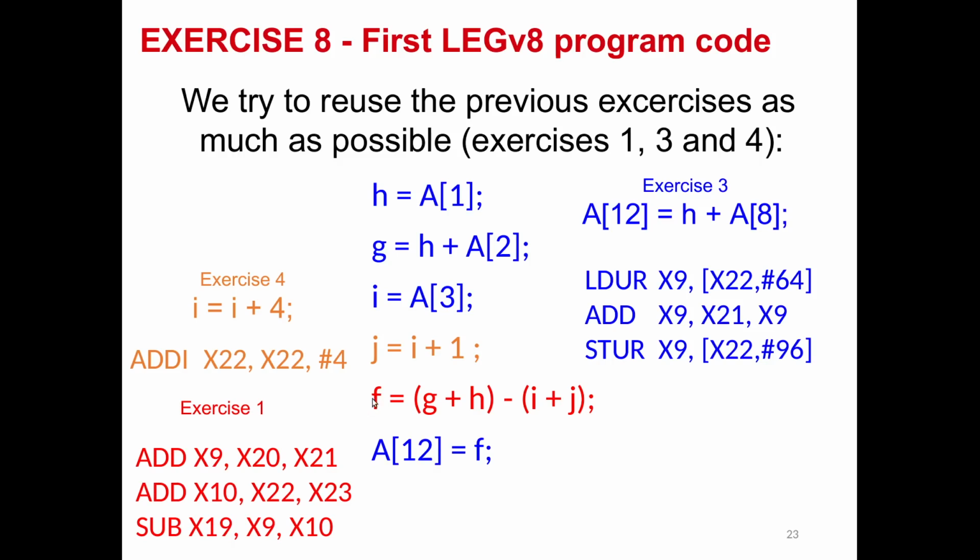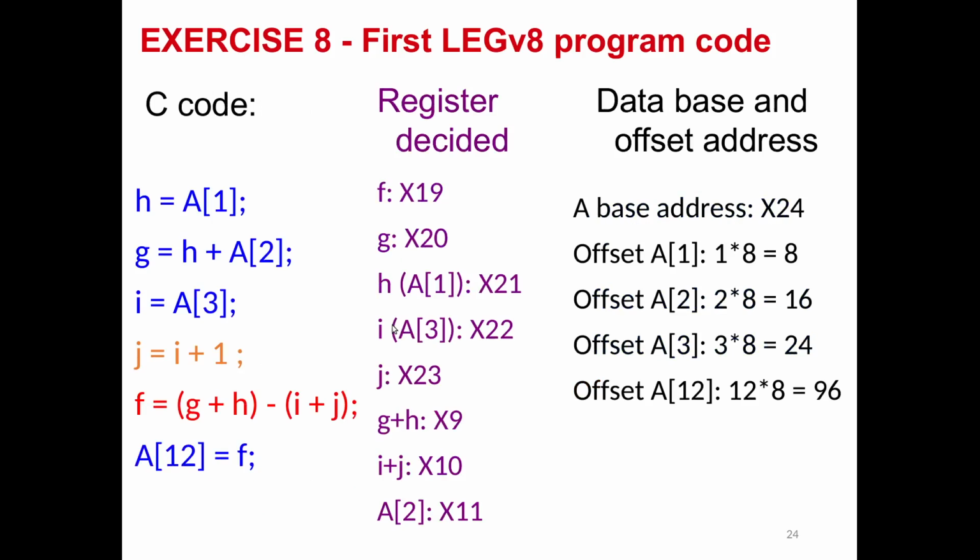In order to solve this problem, we need to decide the register for each variable f, g, h, i, and so on. We also need to decide the base address for the data A in memory, and calculate the offset address for each data element in memory.